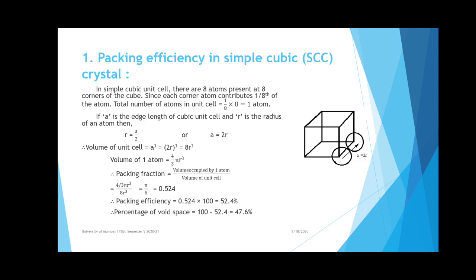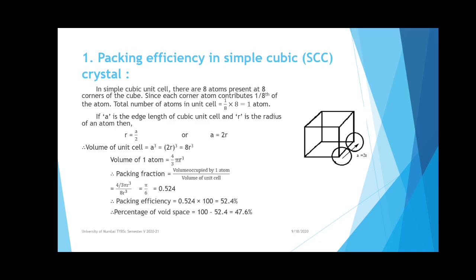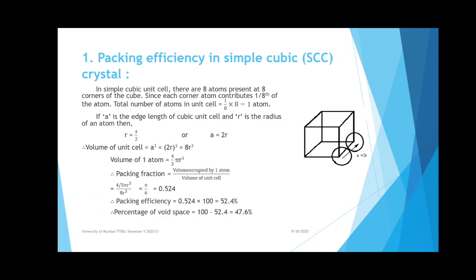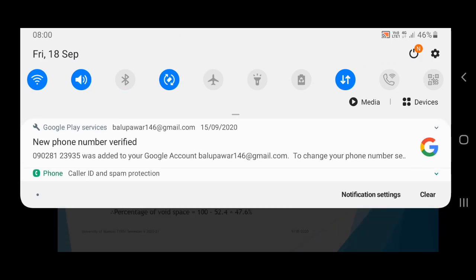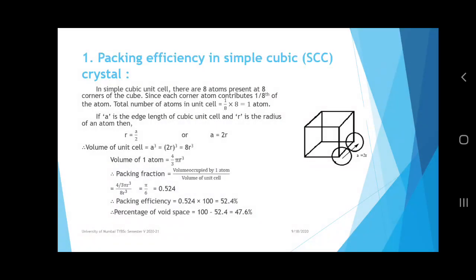So in a simple cubic unit cell, you know how a cube looks. Everybody has seen that. In the cubic system, there are 8 constituent particles or 8 atoms present at the 8 corners of the cube, and each corner contributes 1/8 portion of that atom.